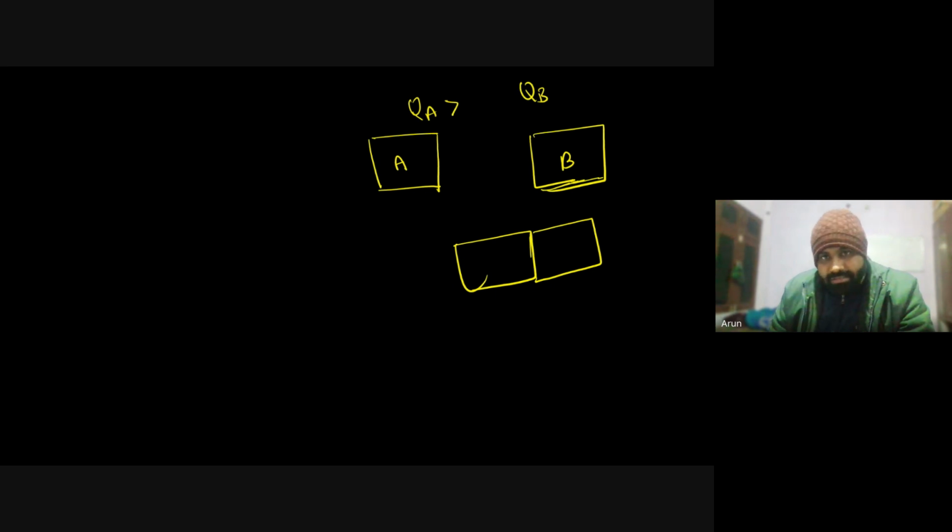So let's say the heat given to A is greater than heat given to B. So we know that when we join them, and if this wall that is making contact with these, this is the boundary. If this boundary is conducting, heat will be transferred.